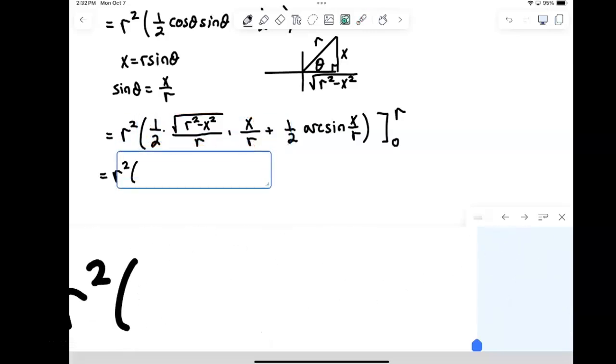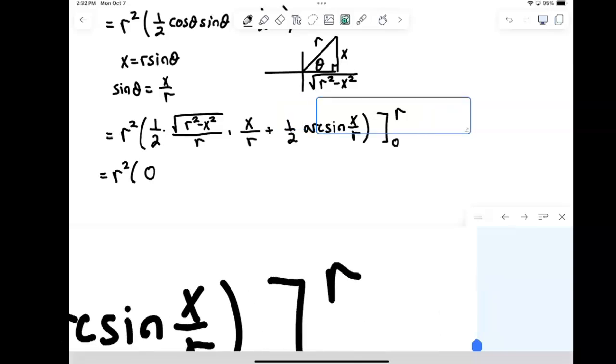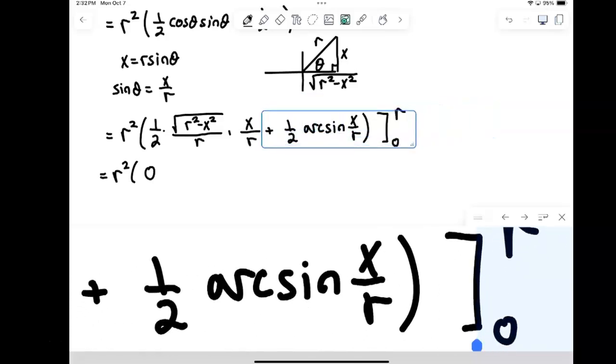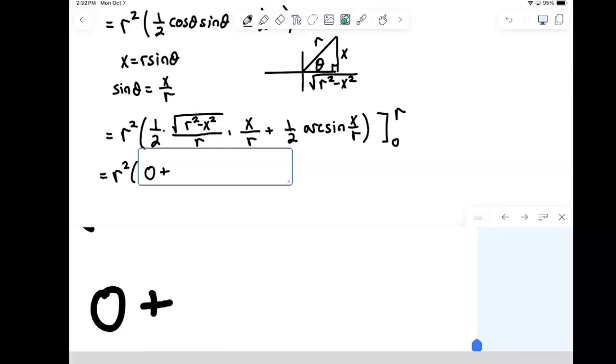So we plug in r, and we're doing arc sine of r over r, or arc sine of 1. What angle gives me a sine of 1? That's what arc sine of 1 is asking. Well, that answer is pi over 2.